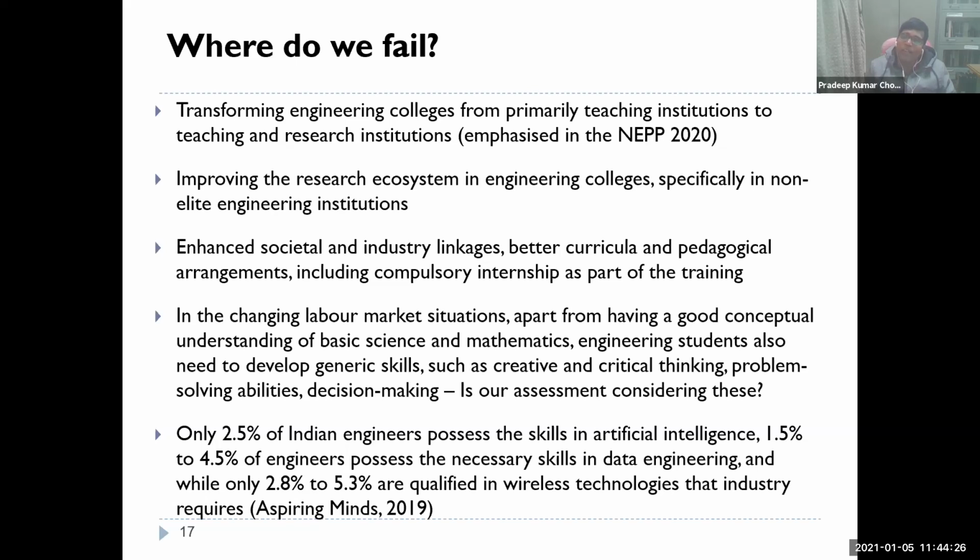We say that social science should be integrated with engineering. That's the reason humanities and social science disciplines came up in IITs and NITs. But how effectively they are working in the IITs and NITs is a question mark, and that is an important debate. I think one piece of research should be done on the integration of core engineering disciplines with humanities and social science in institutions like IITs and NITs. Even some private engineering colleges are opening humanities and social science departments.